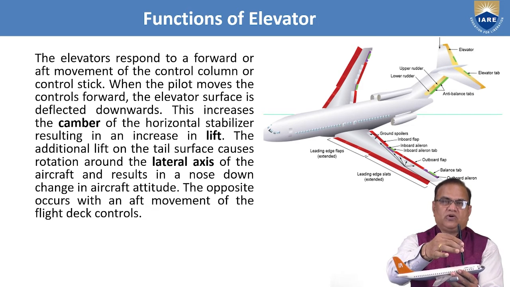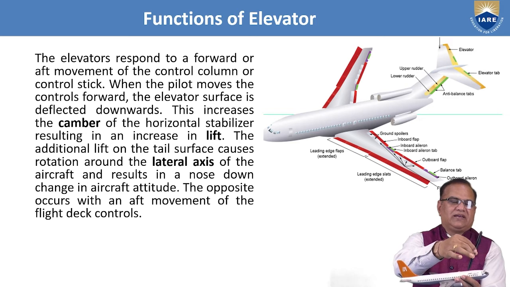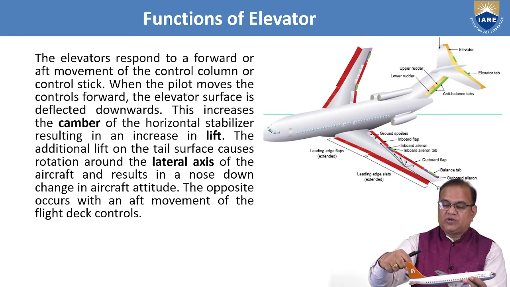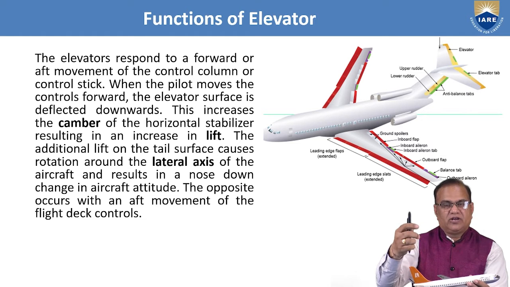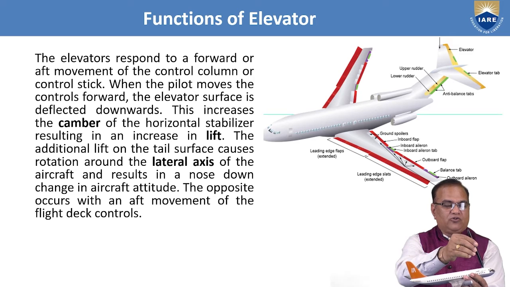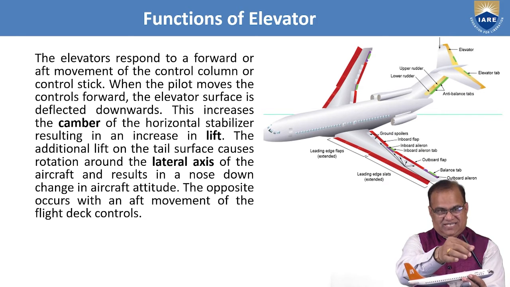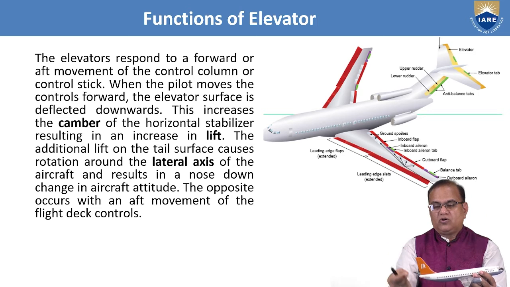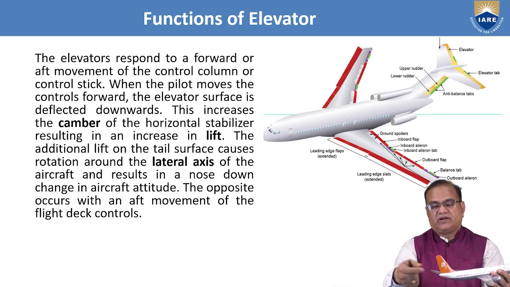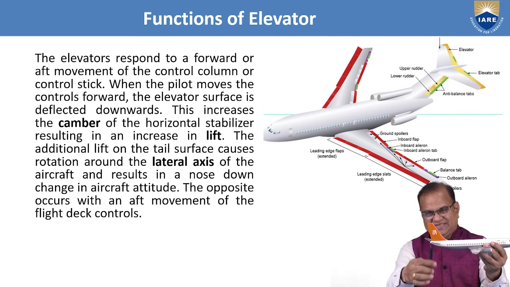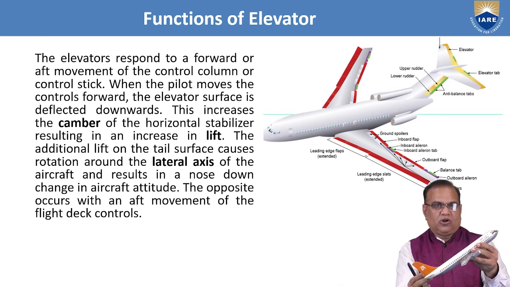If the pilot moves the stick forward, it means I want to make nose down, so the lift should be upward, so I have to move the elevator downward. And if I move the stick backward, it means I want nose up, so the elevator has to go upward. The force will be generated this side and your nose will go up.